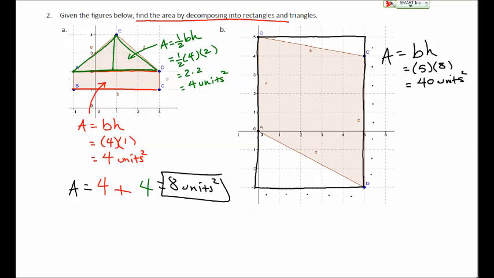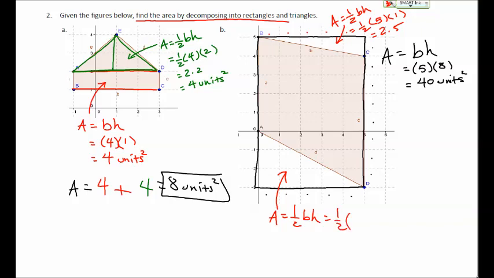But the entire rectangle isn't filled up by the quadrilateral. For example, this triangle is not filled up, and the area of a triangle is 1/2 base times height. The base of the triangle is 1, 2, 3, 4, 5, and the height of the triangle is 1, and so I get 2.5 as the area of this triangle. Also, this triangle down here is not filled in, so I find that area as 1/2 base times height.